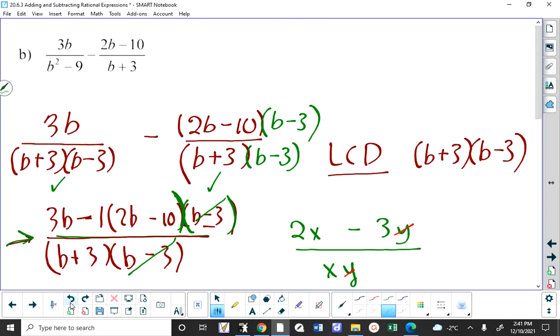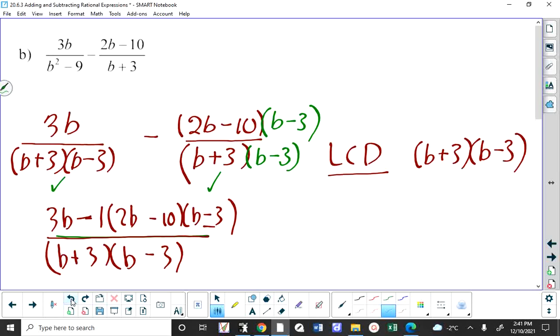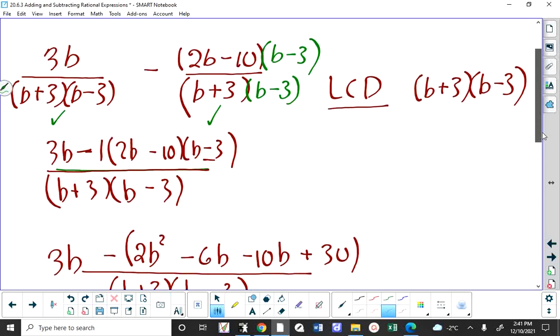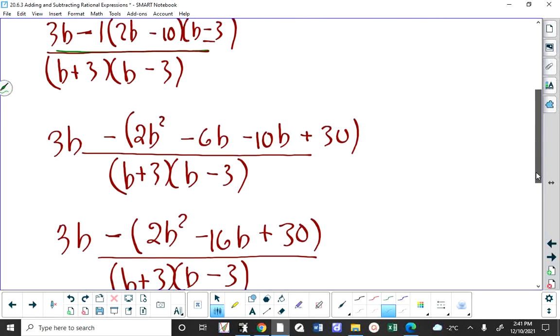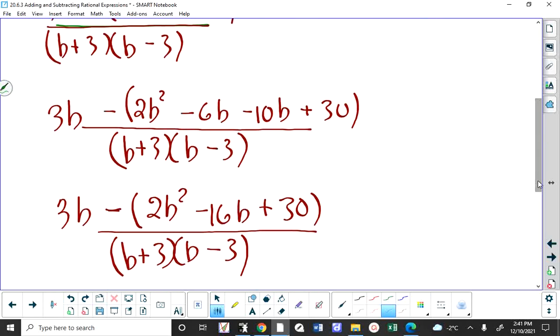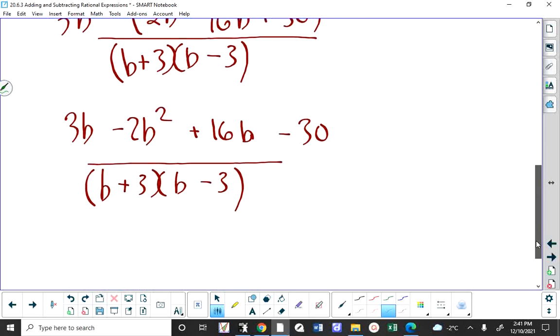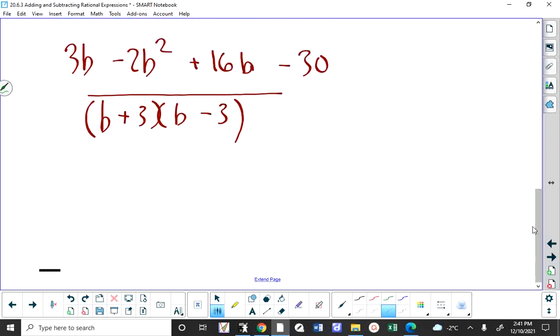So I want to take us back to where we were here, which is to here. Now, do you have a question? No? Okay. And then I removed them. Now we're going to simplify this and write everything in descending degree.